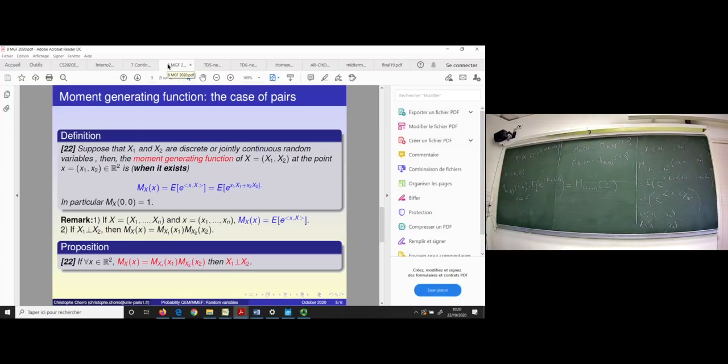What is the definition of this one? If I am in the discrete case, I can define M x1, x2 at the point t, s as the expectation of a function of a pair of random variables. So I write it as a double sum.